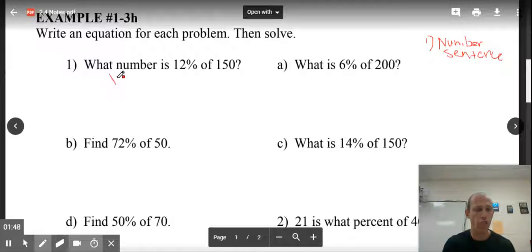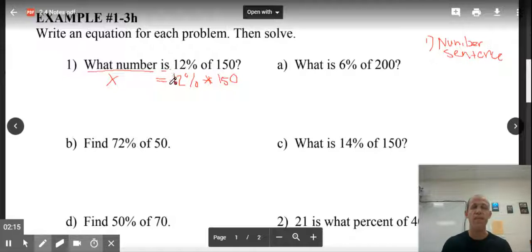So I don't know what the number is they're talking about. I know that it is supposed to be equal to 12% of 150. So look at all the symbols I'm using here. They line up with the words. What number? That is a mystery to us, so we label it as a variable, something that could change, that could be anything.